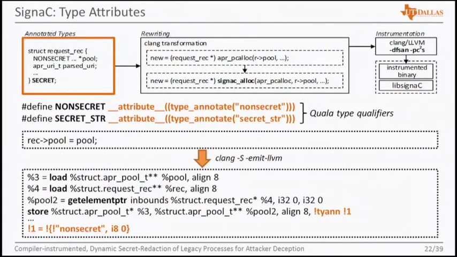We also have non-secret and secret string attributes or annotations that are defined as type qualifiers, which are leveraged to propagate those attributes to the backend in the form of intermediate code. And those are leveraged during our instrumentation phase.